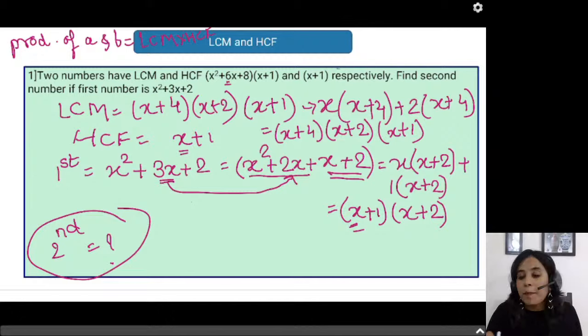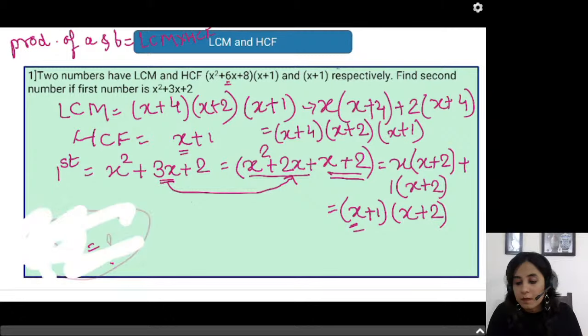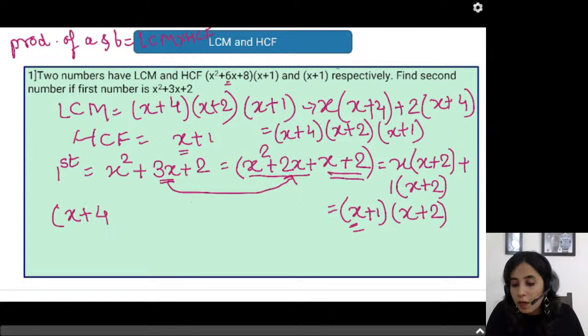So here, if I multiply the LCM and HCF, I get x plus 4, x plus 2, x plus 1, and again another x plus 1.